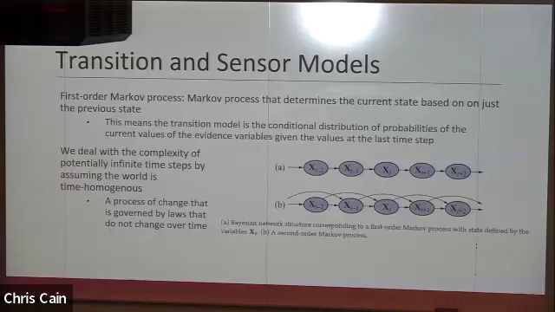But a Markov says that for time t+1, we're just looking at time t. For t+2, we're looking at time t+1, or in this case, we're looking back 2 time steps. So yeah, B is a second order Markov process that's going to look back 2 time steps and use that to update the current values.